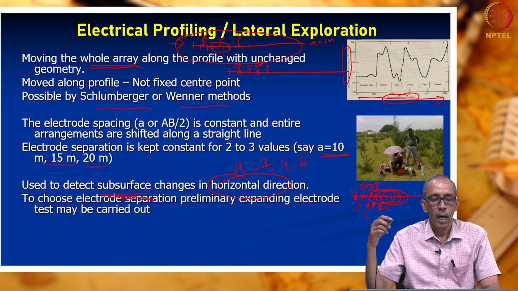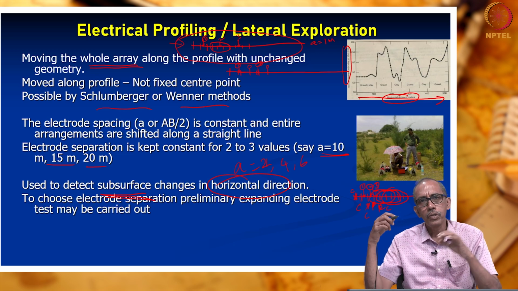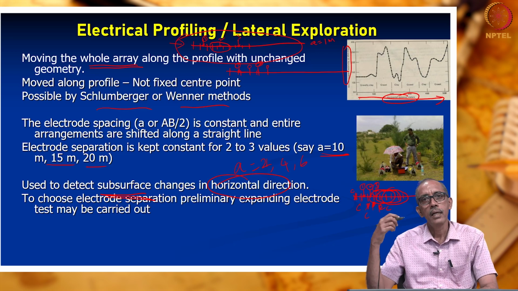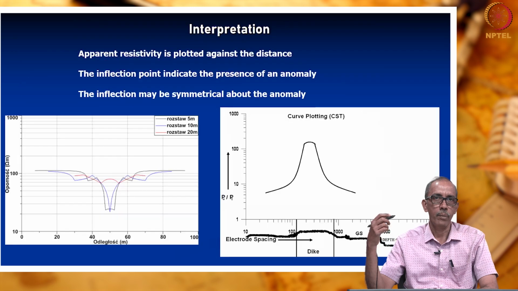To choose the appropriate distances between the electrodes, sometimes we also do a preliminary investigation at a small stage, so that we can understand what our electrode spacing can be. If we follow the Wenner method, can we do profiling with a distance of 2 meters, 4 meters? For that, we can also do a test survey preferably.